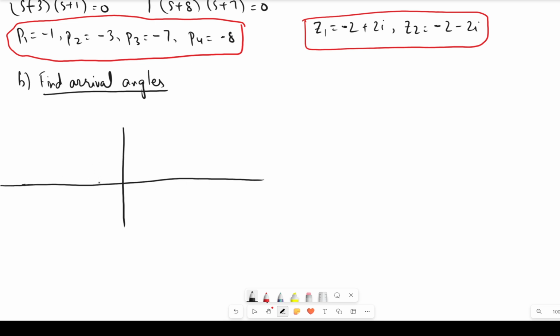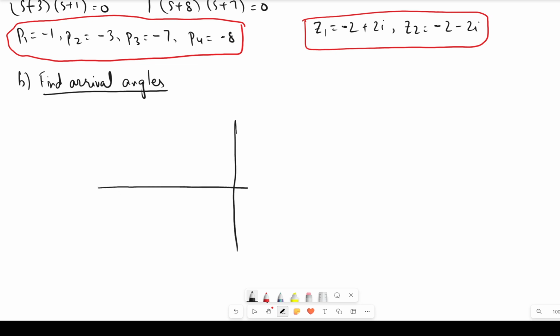So we have a pole at -1, a pole at -3, a pole at -7, and a pole at -8.